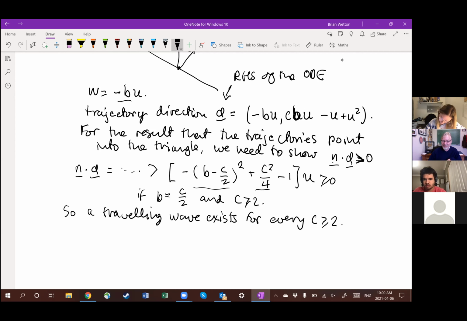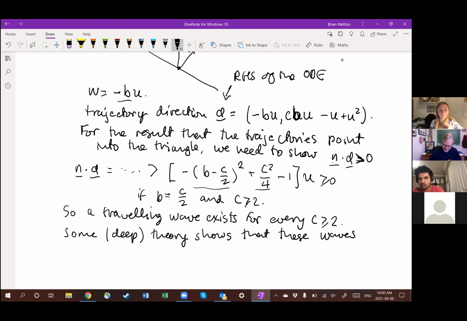Okay, so now something really interesting comes up, which is past Math 400. So I've got in the notes, I'll just reproduce it, some quite deep theory. This is typically not even done in a first graduate course in PDE, but a later graduate course that will show that these traveling waves are stable.